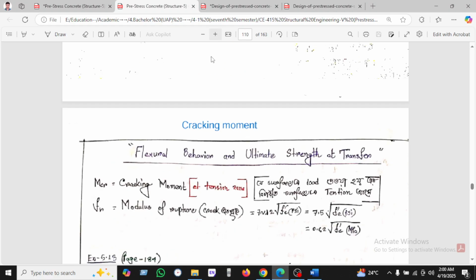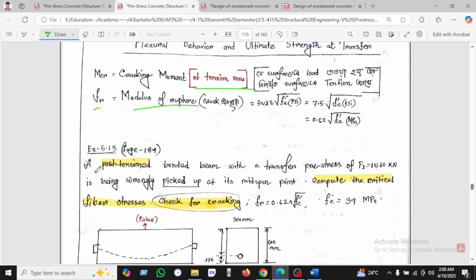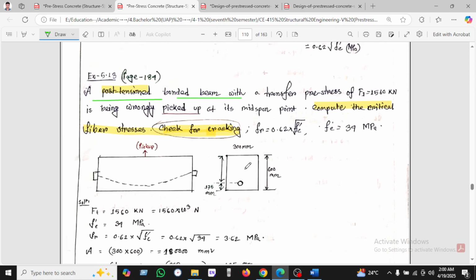We can see here the flexural behavior and ultimate strength of the transformation. MCR is the cracking moment, due to tension at the surface, and F_r is the modulus of rupture. We can see the tension of the bonded beam with the transformation of prestress, F1 is given here. At the pickup and the mid span point, compute the critical fiber stress.